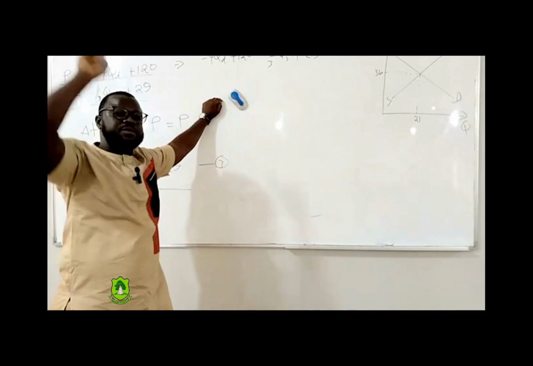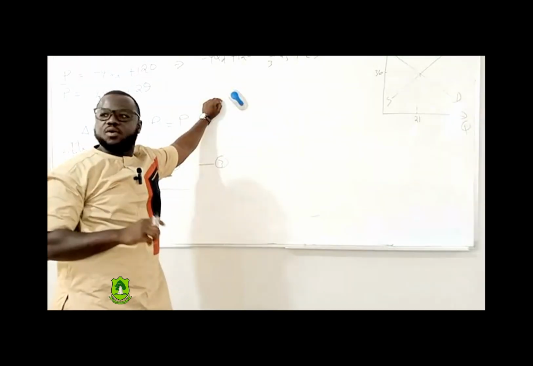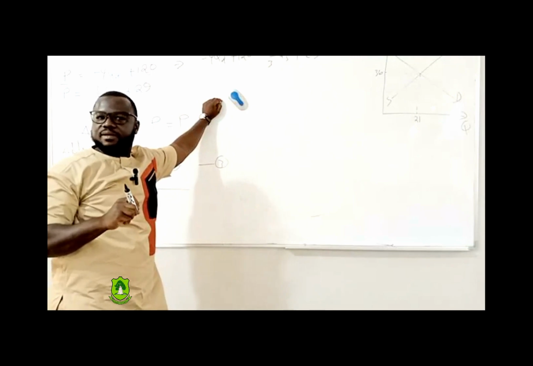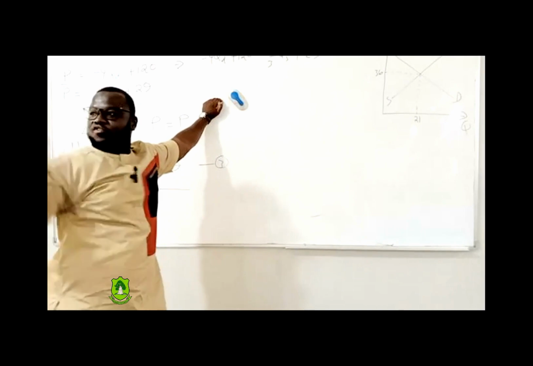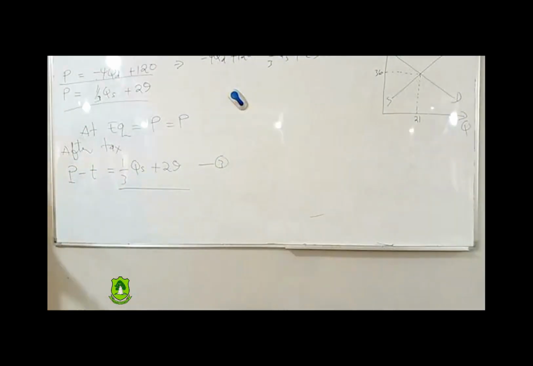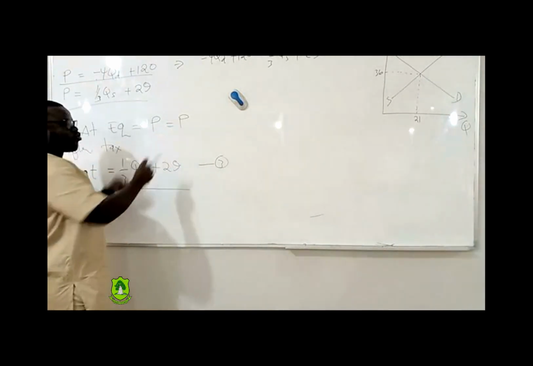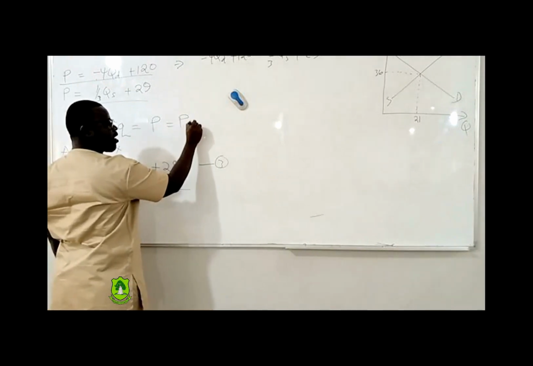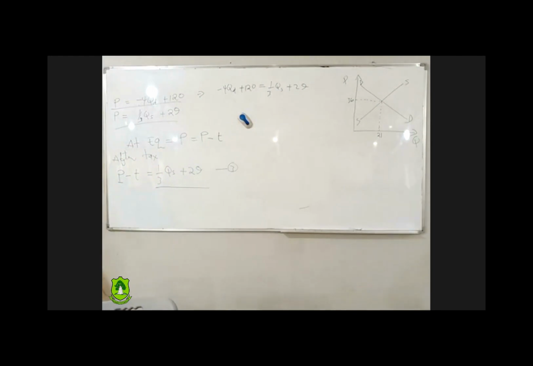Will we find the same quantity and price that we found? Why? Excellent. We've not affected the taxes. Because the new price that we are looking at here is no longer this one. It's now price minus T. Are we together?